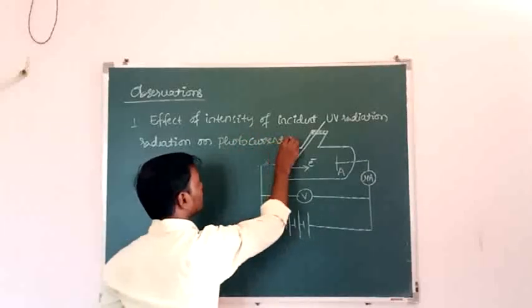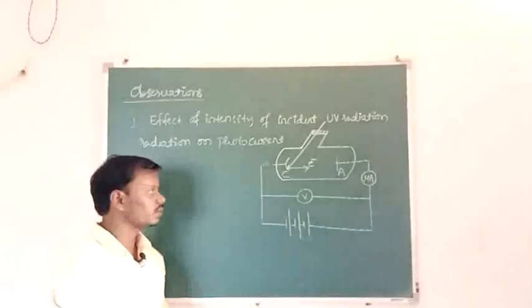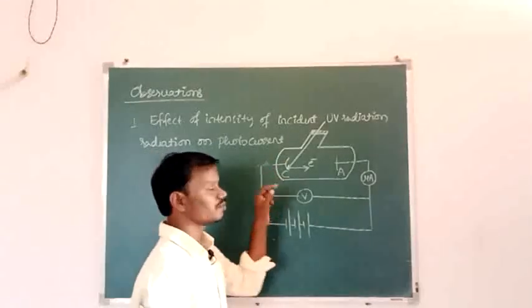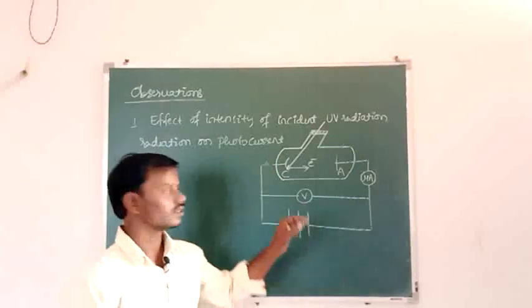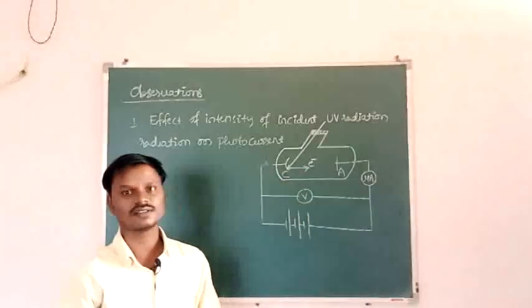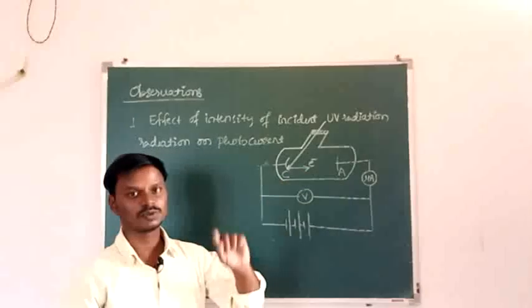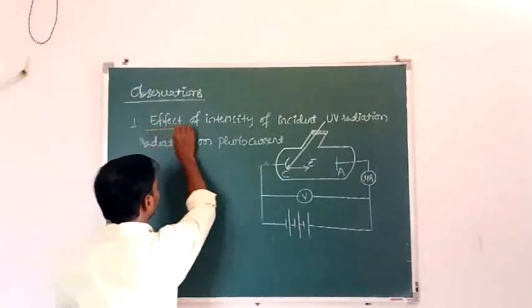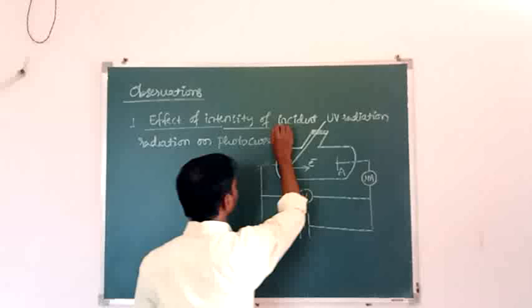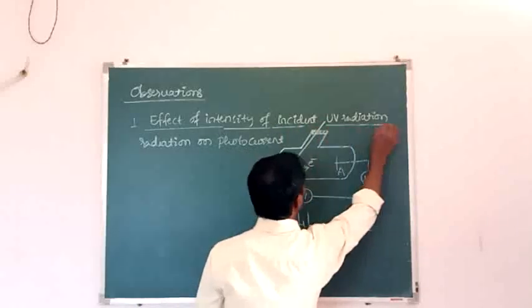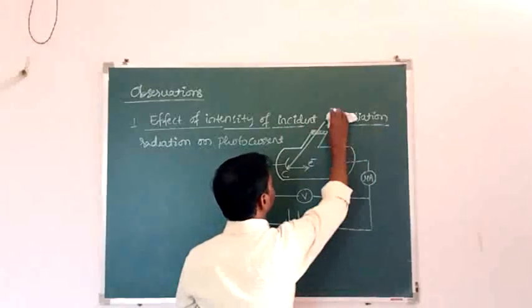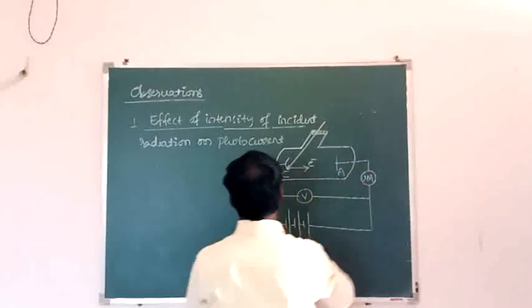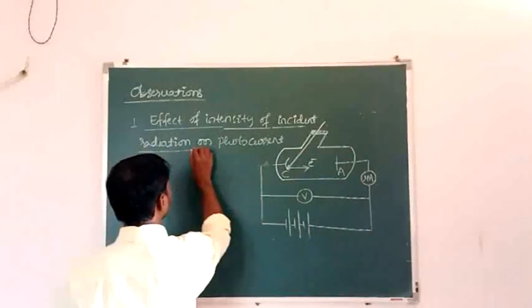What do we mean by photoelectric current or photocurrent? It is the current produced due to the ejected electrons from the emitter plate. Those electrons are called photoelectrons. The current produced due to the photoelectrons is called photocurrent. Then how does this photocurrent depend on the intensity of incident radiation?